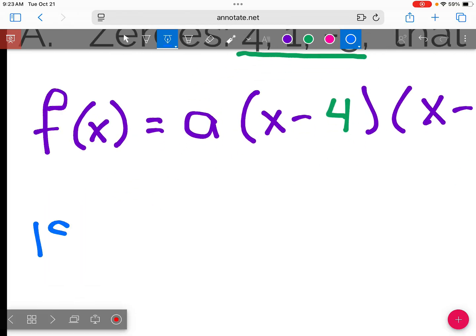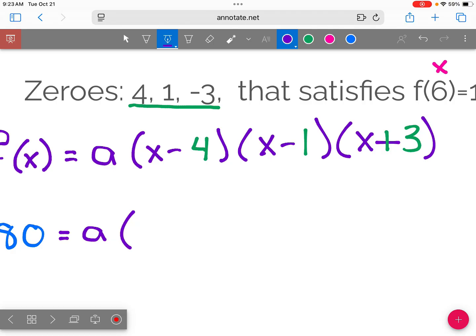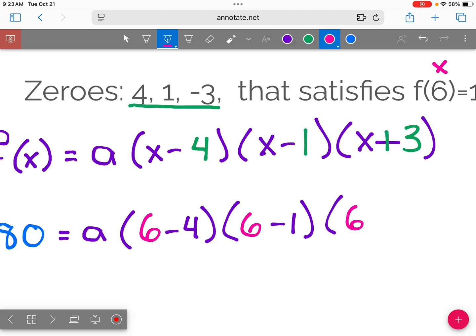So we're going to have our 180 equals our a times 6 minus 4, 6 minus 1, and 6 plus 3. Substituting that 6 in place of our x.